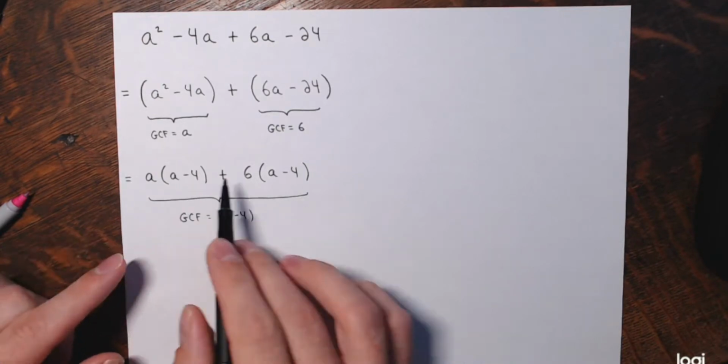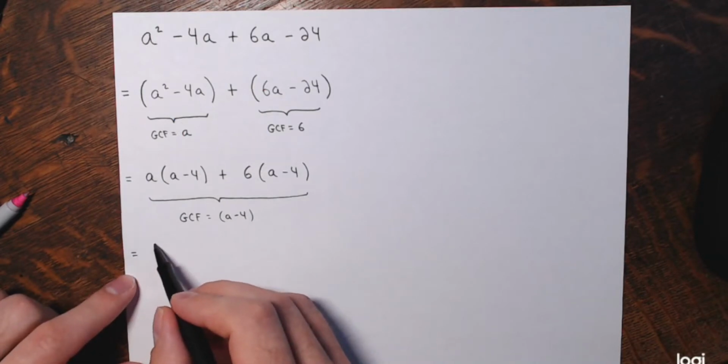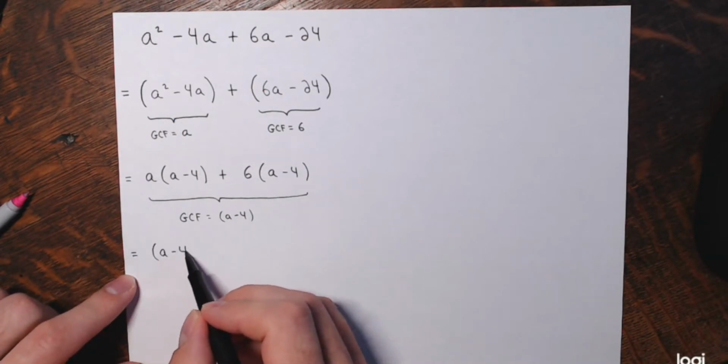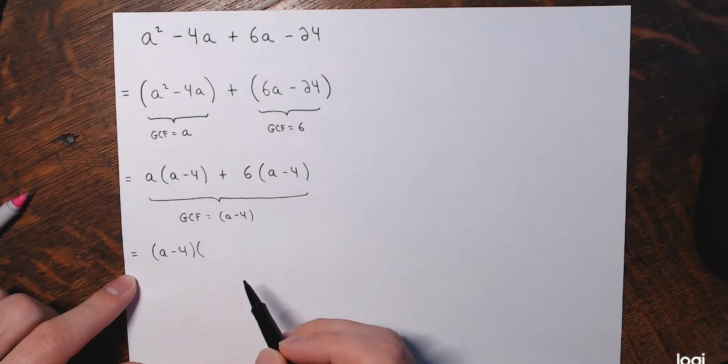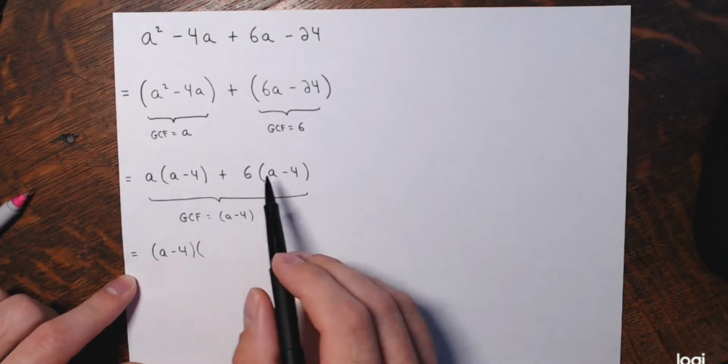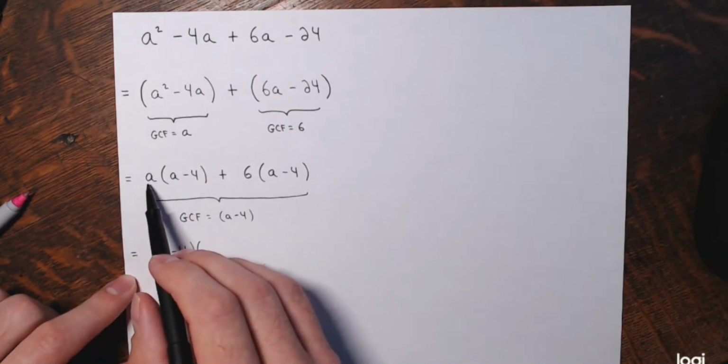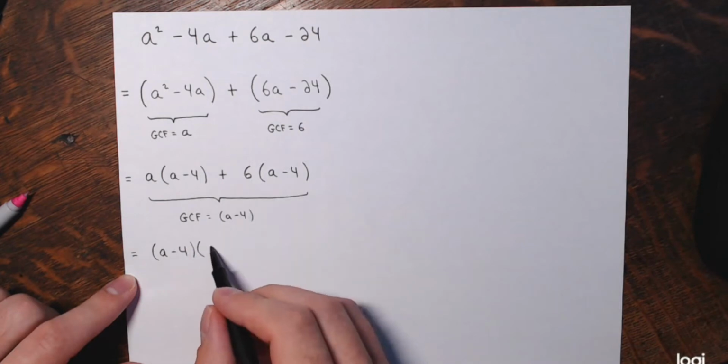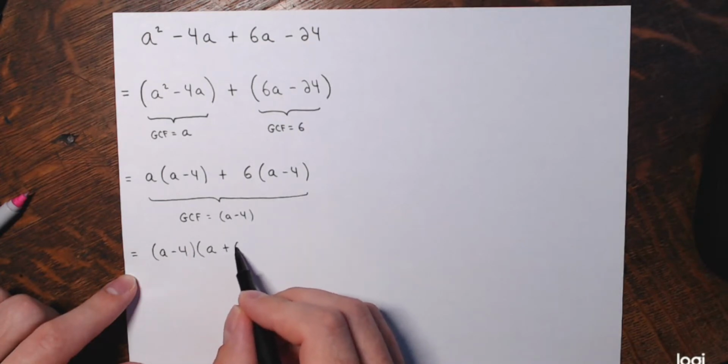So I'm going to factor out a minus 4. So I pull a minus 4 out, there's your one factor, and then after removing the factor of a minus 4, we're left with a plus 6 as the other factor.